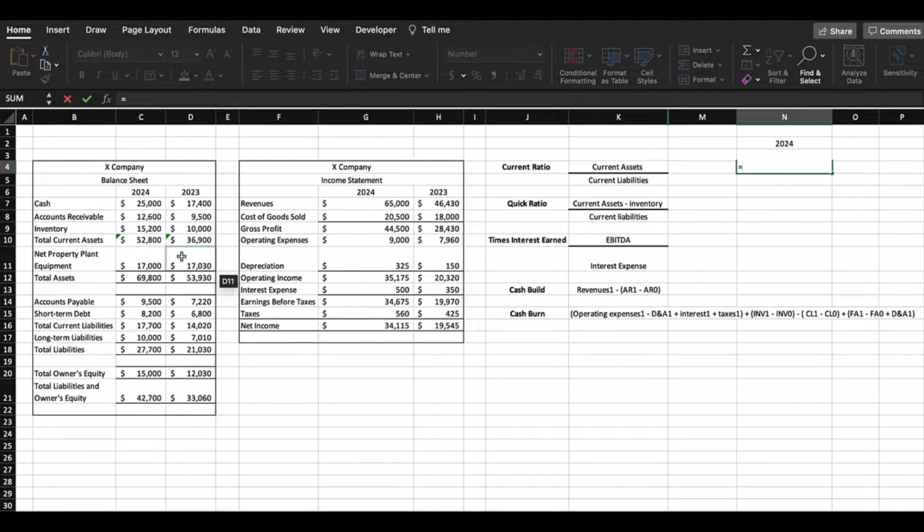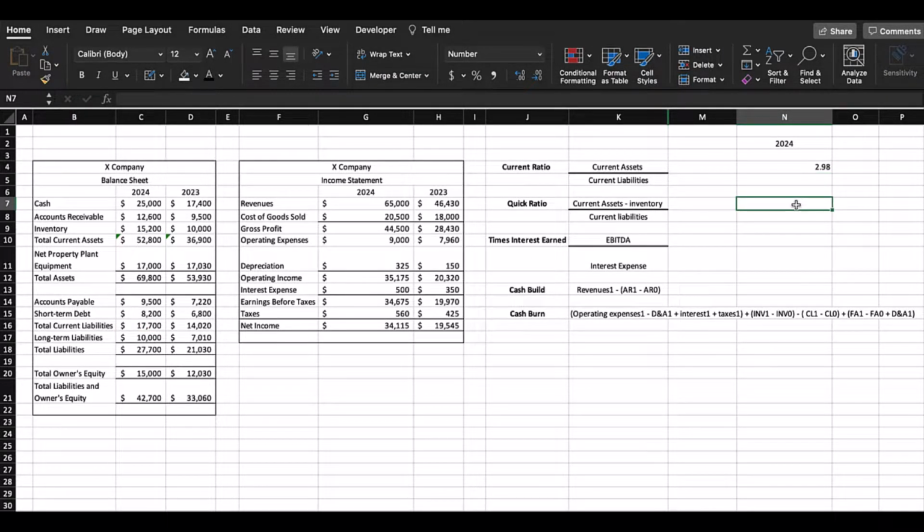For example, with current assets, things like cash, accounts receivable, and inventory are much easier to convert into cash and can happen much quicker than something like net property, plant, and equipment. Equipment and land, for example, are much harder to convert into cash in a short period of time.